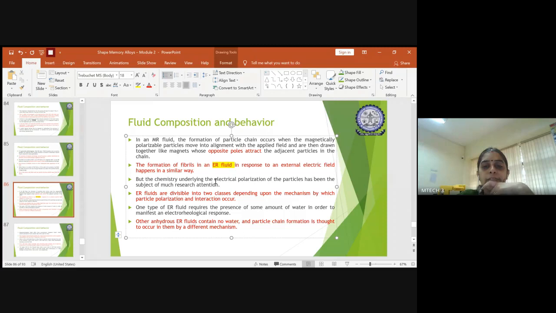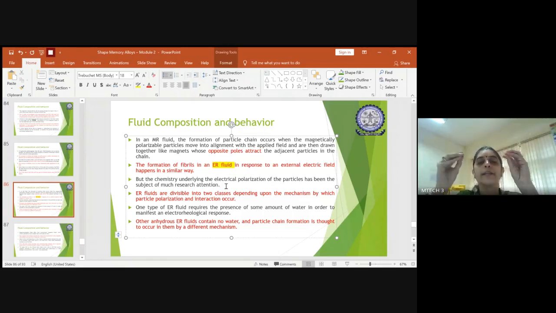But in case of electrical polarization of the particle, it is seen that more research attention is being focused. Why? In case of MR fluid, the drawback is subjecting the magnetic field continuously and providing a uniform magnetic flux for a particular period of time is a little bit risky task.